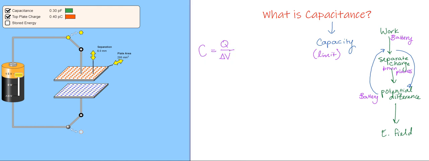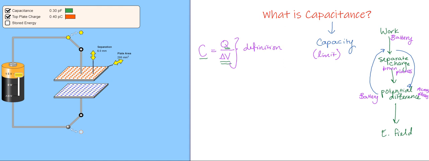So we have to be very careful here. This is a definition, but there is no relationship between the voltage or the potential difference and the capacitance, because when we change voltage, charge changes too. And we see that here in this little cyclical process. I'm establishing a potential difference across the plates. So this is the other location where potential difference happens.